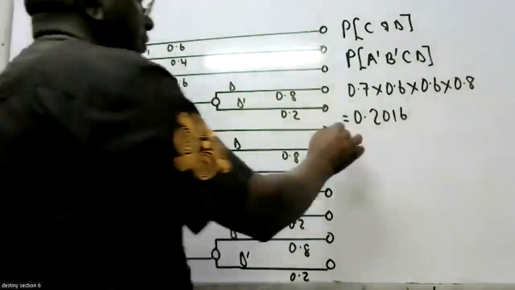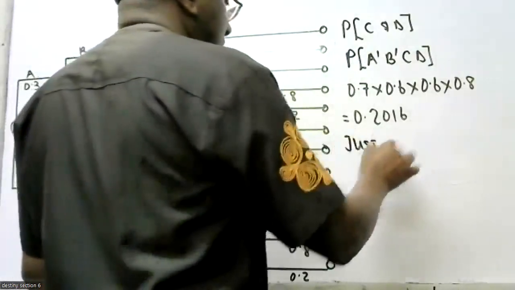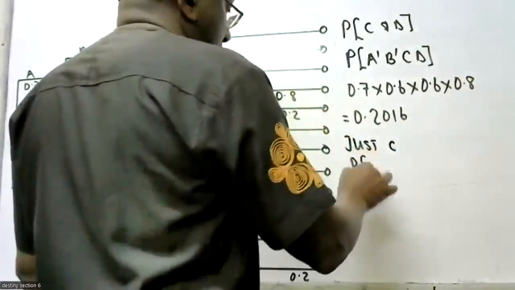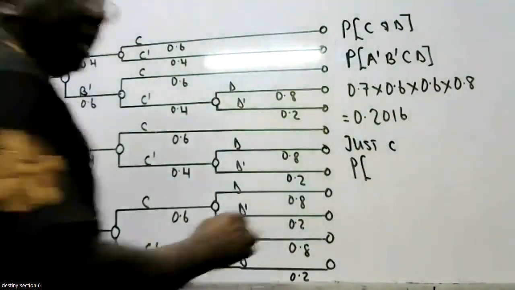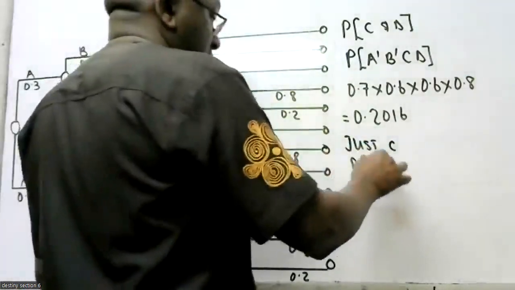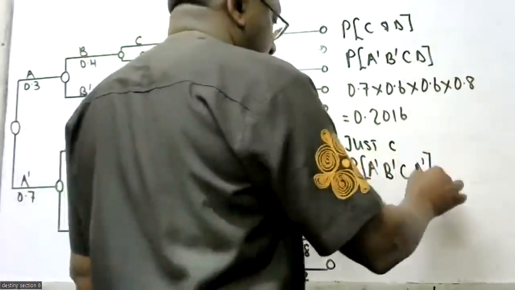I have just C. So if you are looking for just C, probability of just C, this is the probability that you have missed A, you have as well missed B, you got C, but then you also missed what?